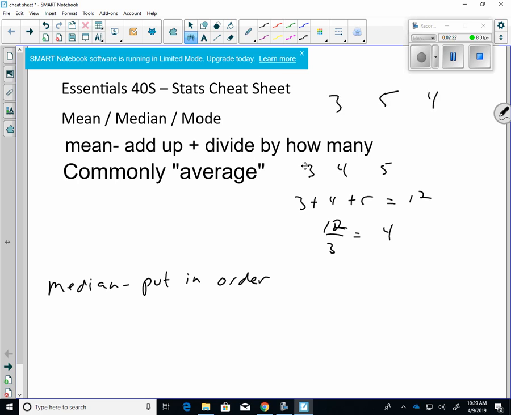No, not necessarily, because what if the numbers were 3, 7, 42? Right, the average isn't 7. The mean is commonly called the average. That's what I'm saying.